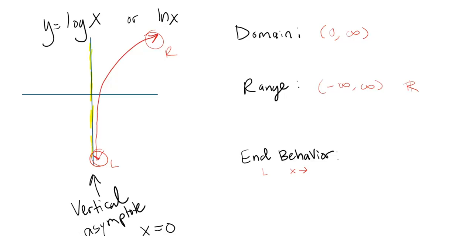It's not even going over that way. The farthest left that this function goes is to 0. That left end is pointing down, so it's going to negative infinity. The right end is going to the right. It's going to positive infinity.